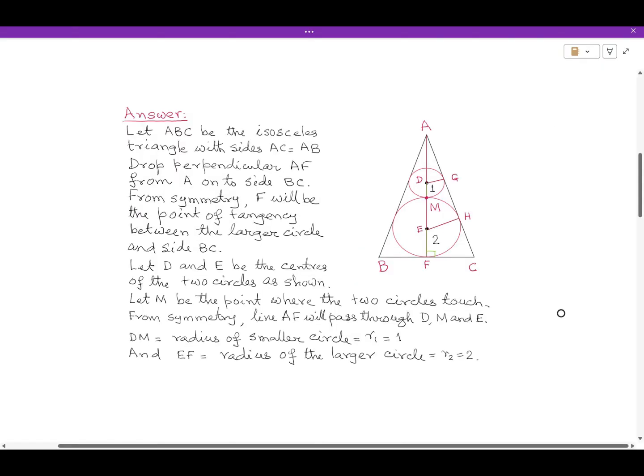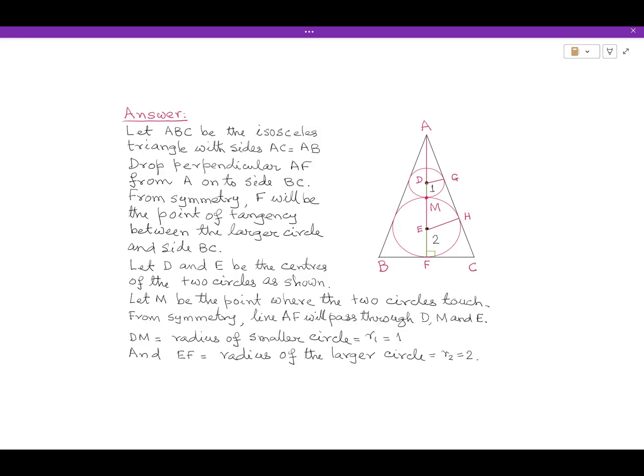Let A, B, C be the isosceles triangle with sides AC equal to AB. This side is equal to this side. Draw perpendicular AF from A to the base BC.